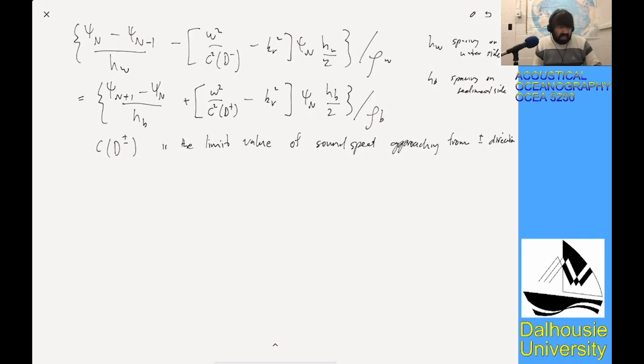So we can rearrange that, and we want to get it in a similar form where we can plug it into our matrix. We want to separate the n minus 1 and the n plus 1 terms. I really should have used J here. My apologies there. So we can rearrange that.